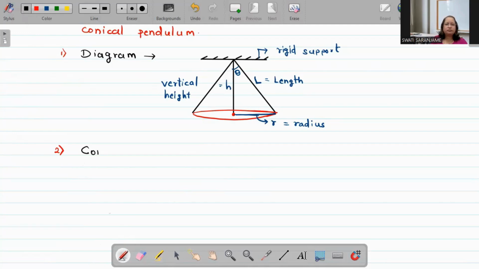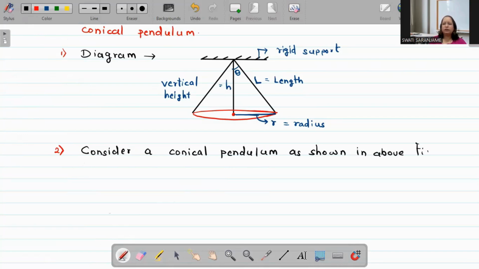Consider a conical pendulum as shown in above figure. Consider the position B. So we'll write at position B.